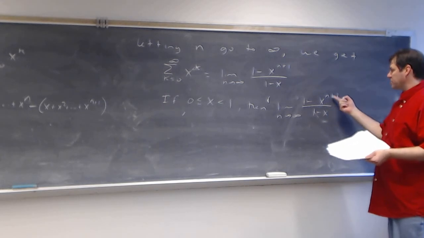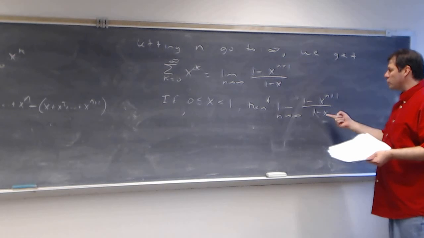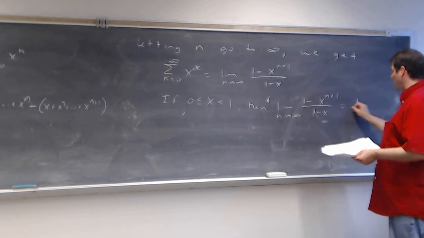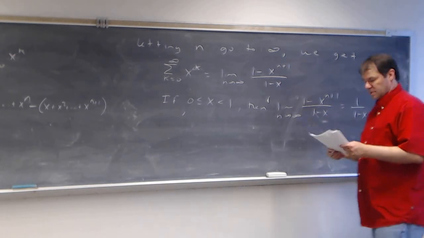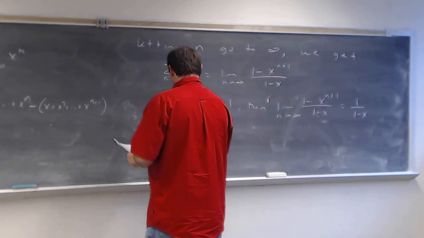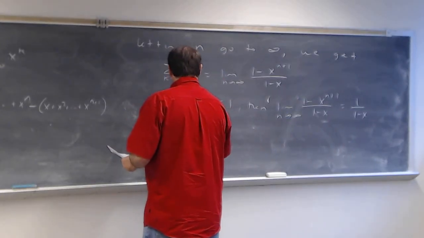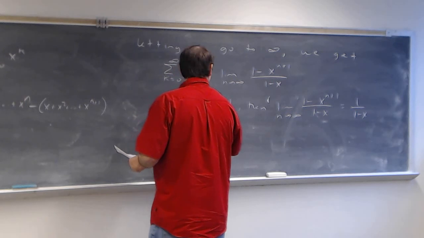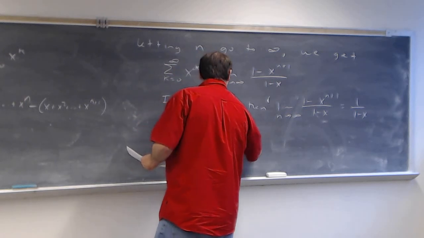And when you start raising them to powers, they go to 0. And so this ends up being 1 over 1 minus x. And so in this case, this sum equals 1 over 1 minus x.